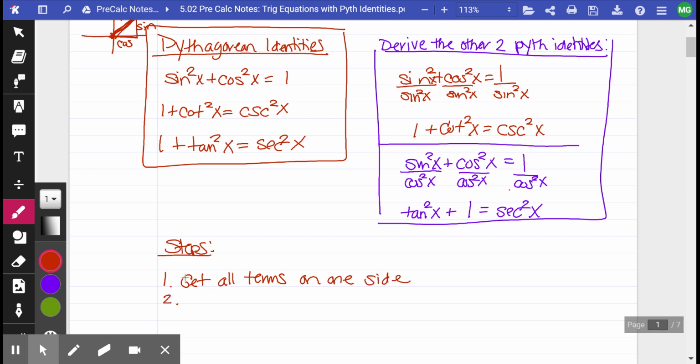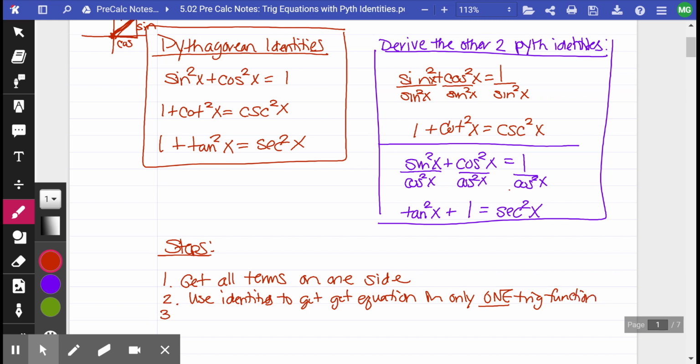Then use your identities to get the equation in only one trig function. That might be everything in terms of sine or everything in terms of cosine, and then you're going to solve it and factor it.